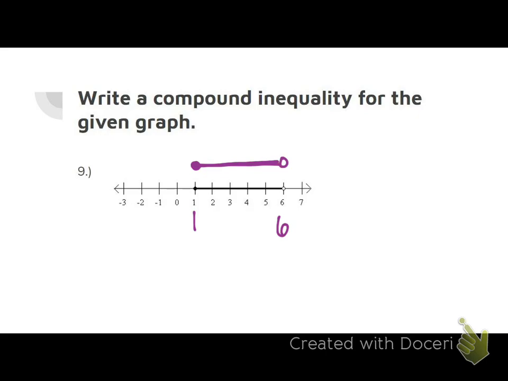This is an and. So for and, x is squished in between two less than symbols. So x is in the middle for an and. What number do you think goes on the left? The 1, and on the right?